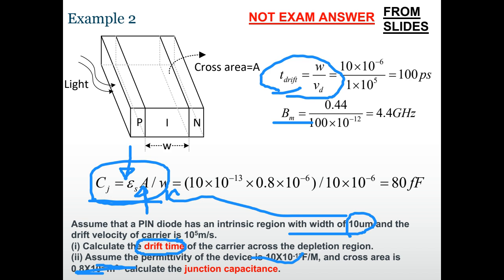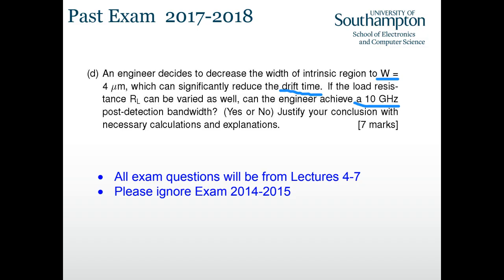So when we reduce the width, we increase the capacitance. And for the whole circuit, we have a photodiode, and then we have an amplifier. So the whole circuit is an RC circuit. We have resistance, we have capacitance.